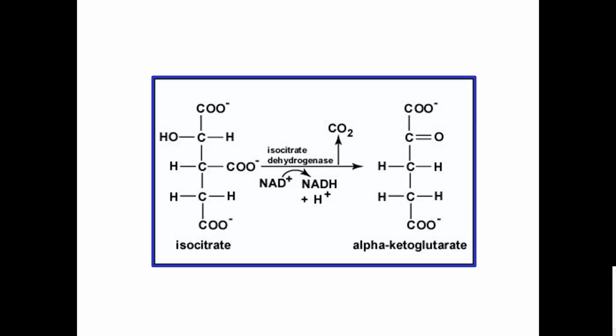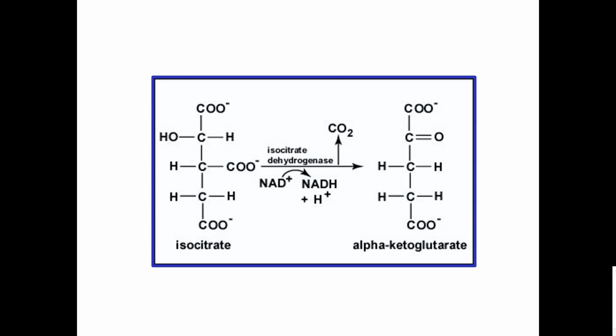Dehydrogenase is meant to say that a dehydrogenation reaction is occurring. In other words, we're stripping protons from these substrates. And the reason why we're stripping protons is because where the protons go, the electrons follow, or vice versa. So dehydrogenase enzymes actually catalyze redox reactions. Whenever you see dehydrogenase, think redox. And such is the case here.